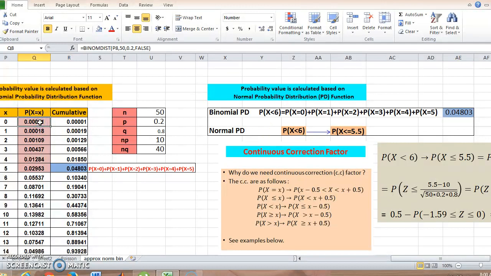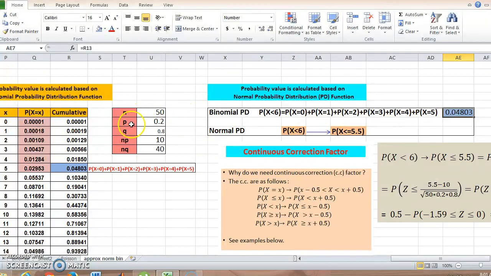So we sum all these purple cells and we will get the blue cell. This is probability of x less than 6, and I am using binomial probability distribution function to find the probability of interest.